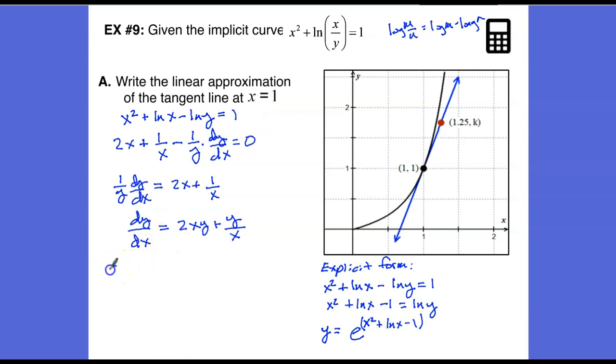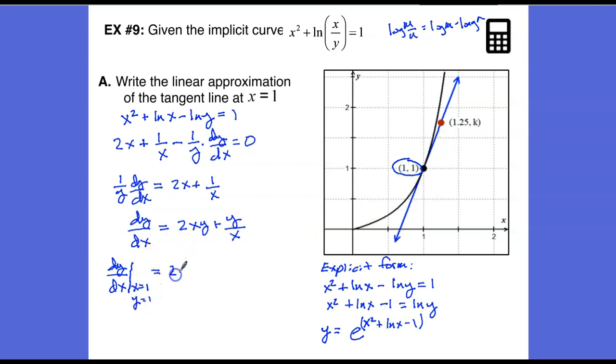So let's evaluate this slope dy/dx at x equals 1. And so we are told that when x is equal to 1, y is equal to 1 because that ordered pair (1, 1) is on my function.